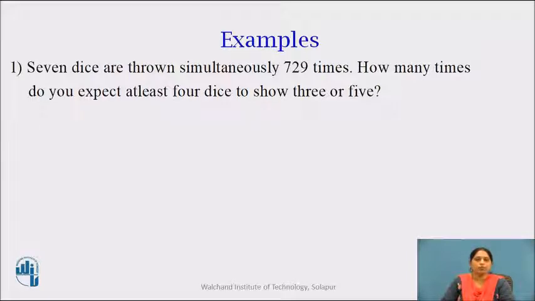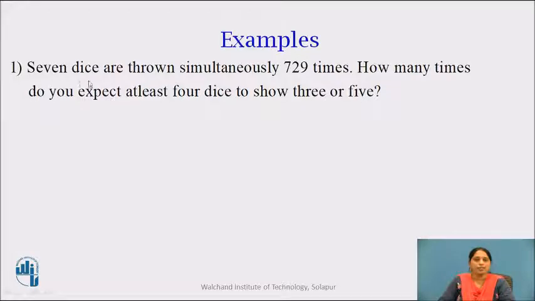First example is: 7 dice are thrown simultaneously 729 times. How many times do you expect at least 4 dice to show 3 or 5? So first of all we will write what is given in the example.